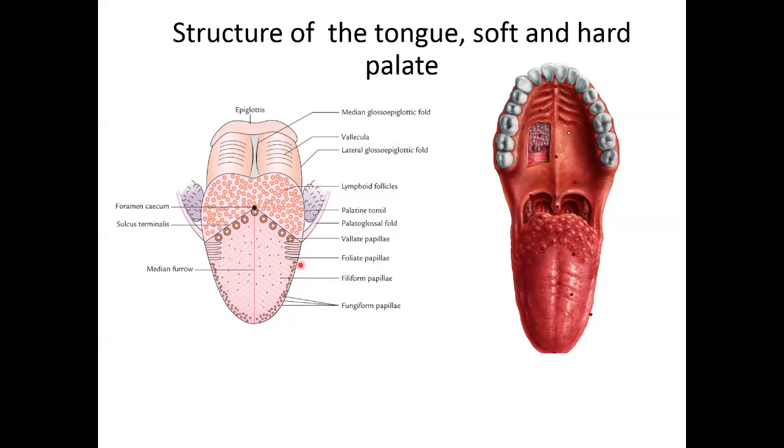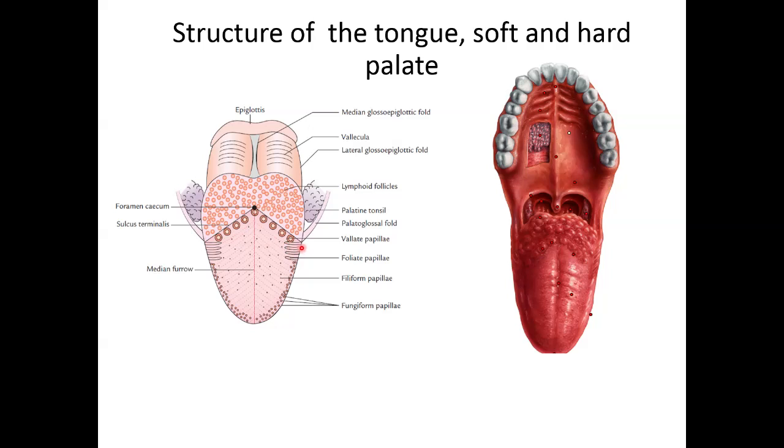Then we can find papillae foliatae, which are located on the lateral sides of the tongue, most posteriorly located on the corpus linguae.